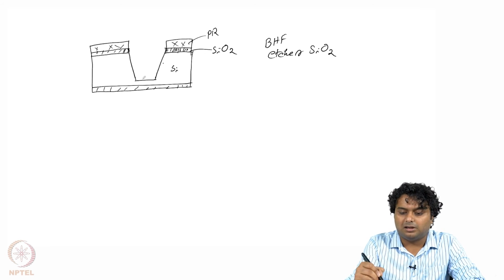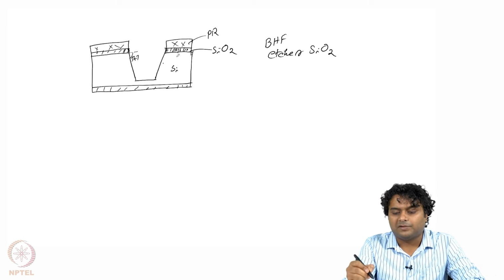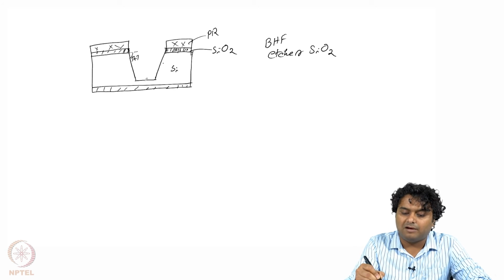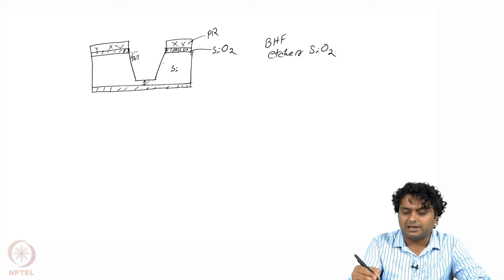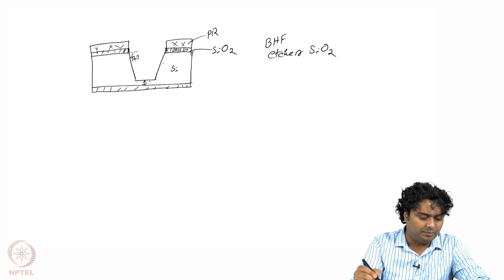But from the middle it will etch in an anisotropic way, and this is a 54.7-degree angle which it creates. Now we will stop the etching at a certain distance from the bottom. So we have a thin membrane between the top side and the bottom side, and this cavity, and this will act as our membrane.